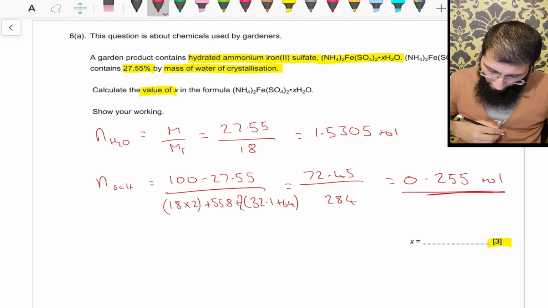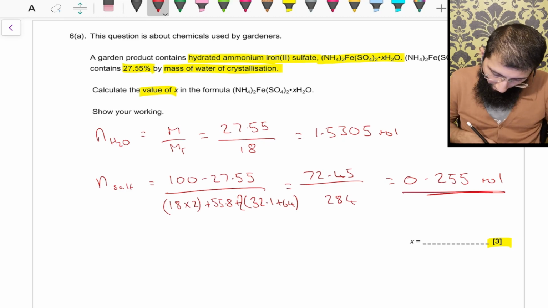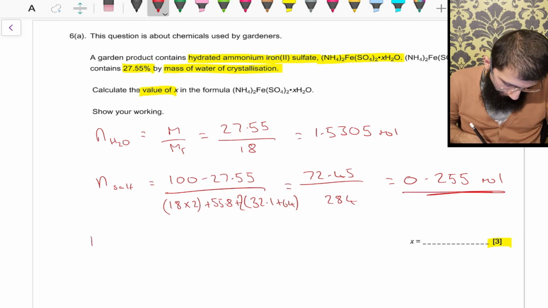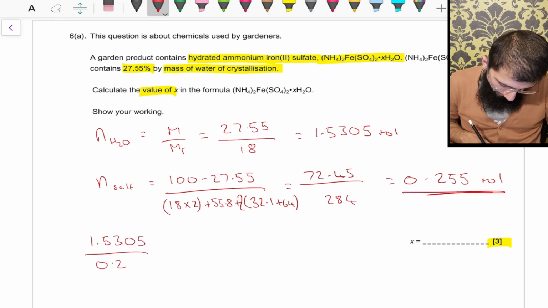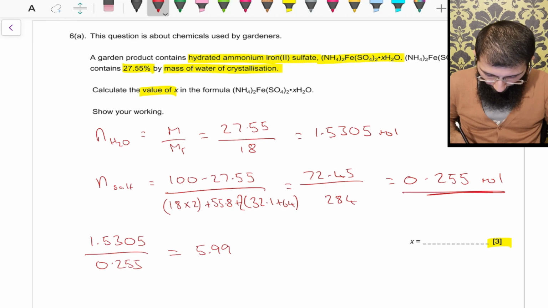So let's work out the ratio between the two. I'm simply going to do 1.5305 divided by the answer, and it gives us 5.99. So that's telling us that the value of X is going to be 6.